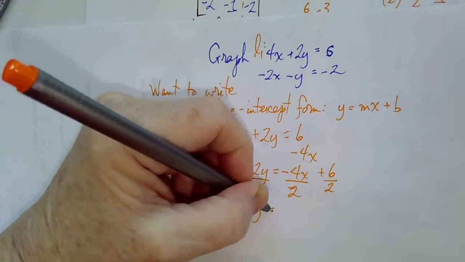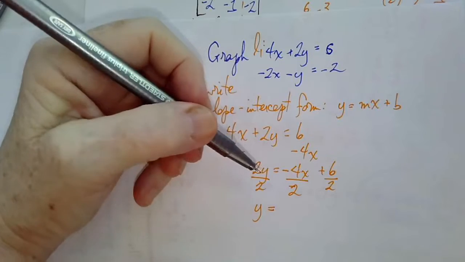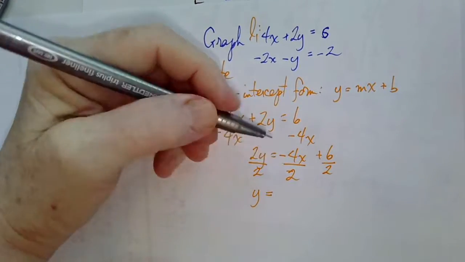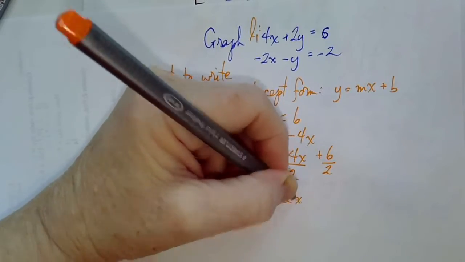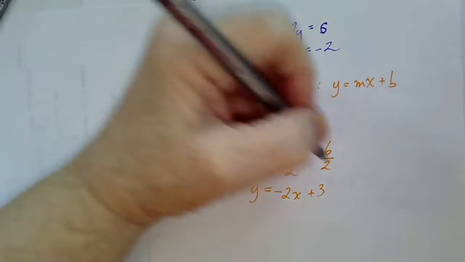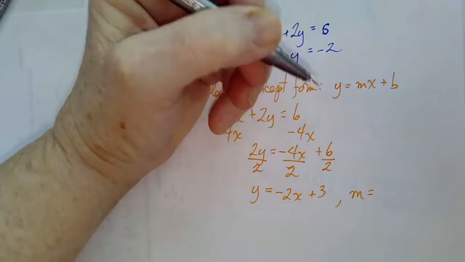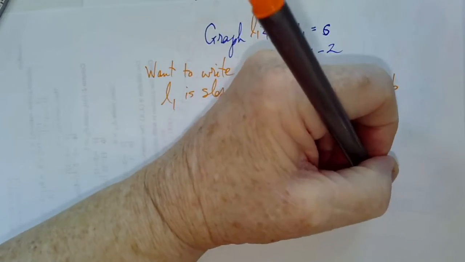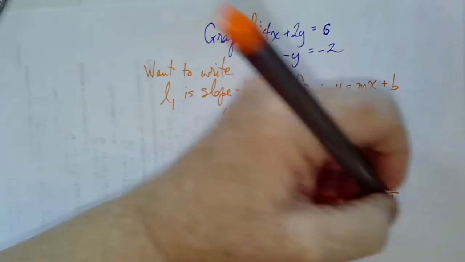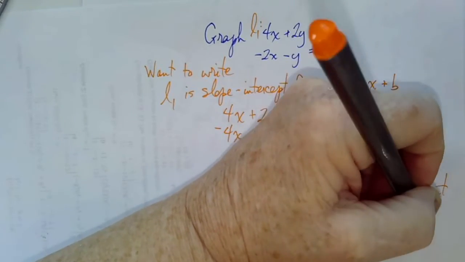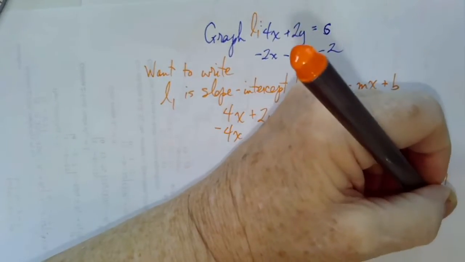On the left, we just have y now. Negative 4 divided by 2 is negative 2. 6 divided by 2 is 3. And that means that the slope here, the coefficient of x, is negative 2 over 1. And the y-intercept is 0, 3.